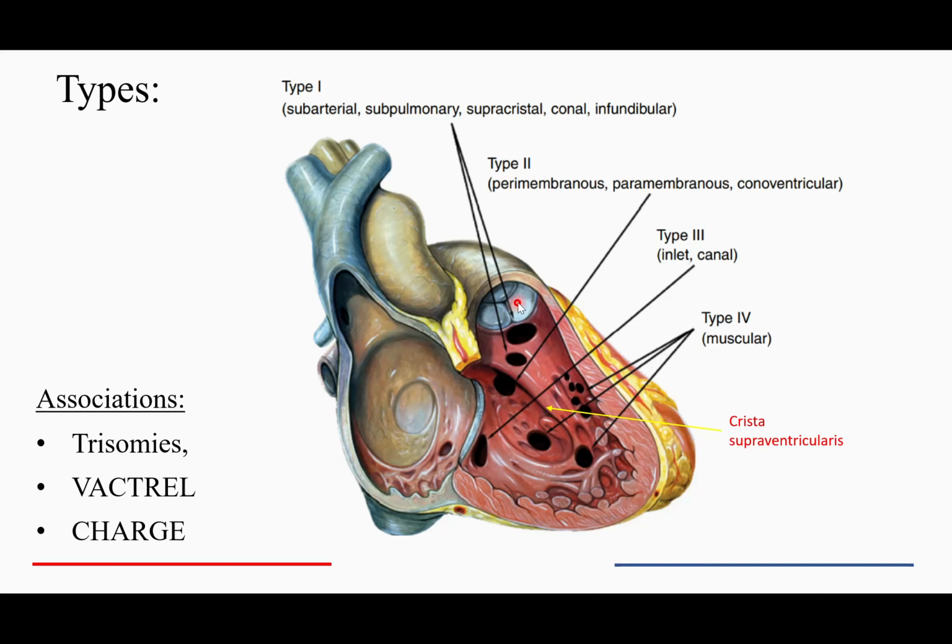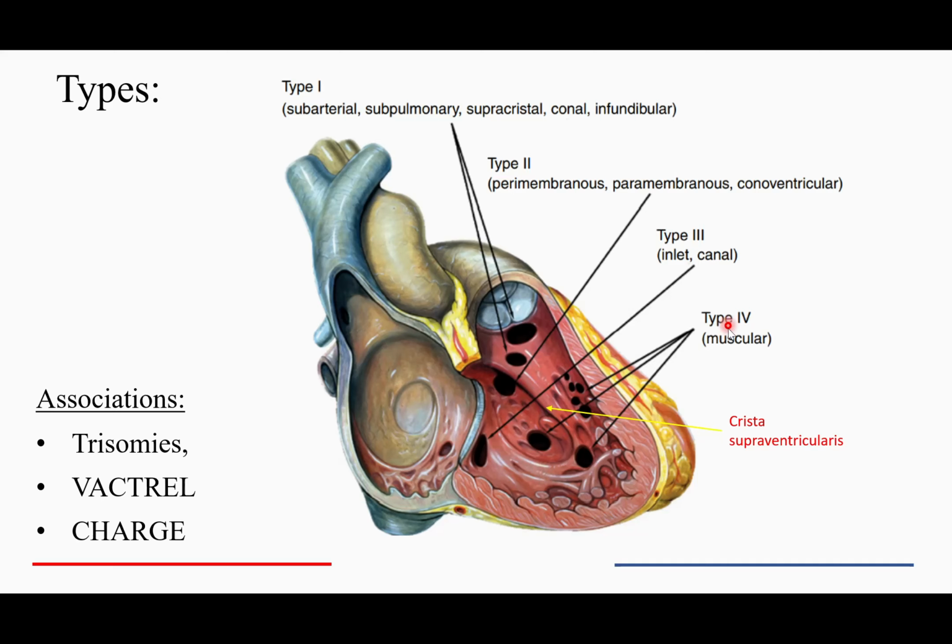To start with, there is the muscular type 4. The muscular can either be mid-muscular or apical. Sometimes the muscular is outlet and sometimes it is toward the inlet, but it's still muscular. There are muscles around the VSD.